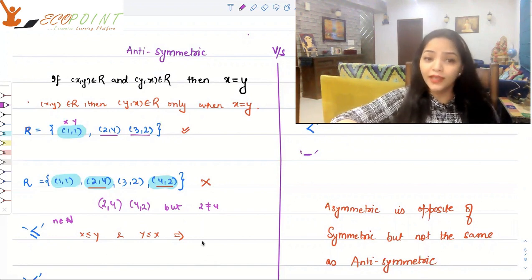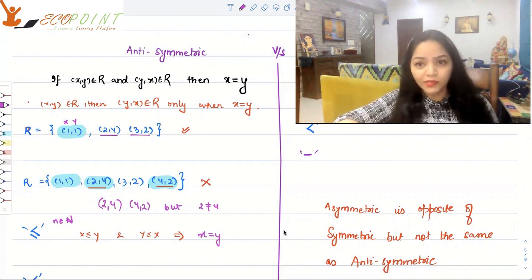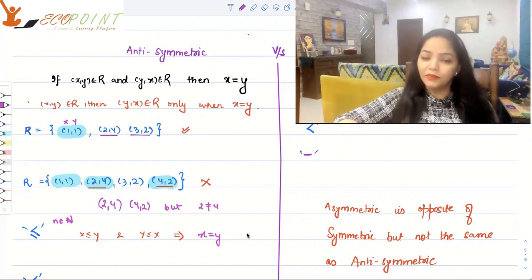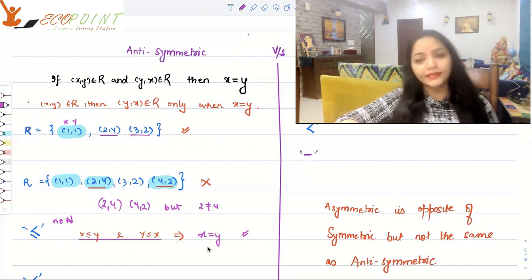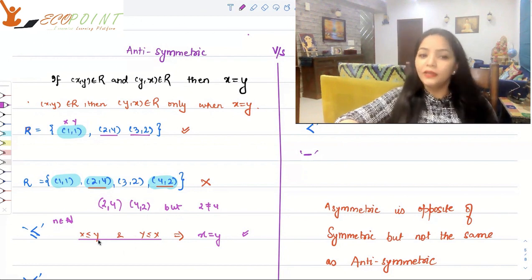This will only happen when x is equal to y. Otherwise, logically, it's not possible. This will only happen when x is equal to y, and hence this is an antisymmetric relation. This is what antisymmetric says, that if xRy and yRx, then x equals y, and this will happen with less than or equal to.